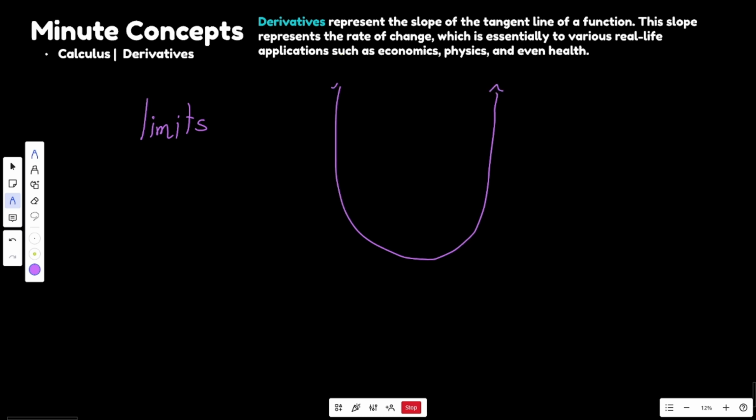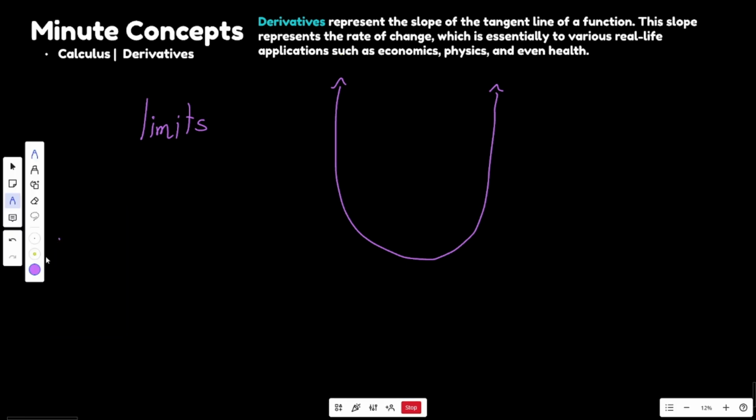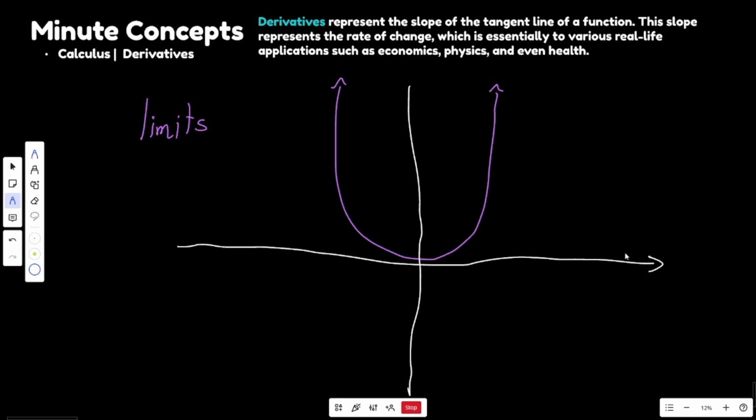Now I want to know the rate of change in this parabola. I'll draw my x and y axis here. I know that the rate of change is described as slope, or rise over run.